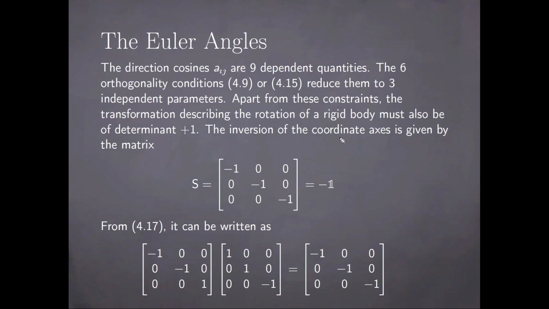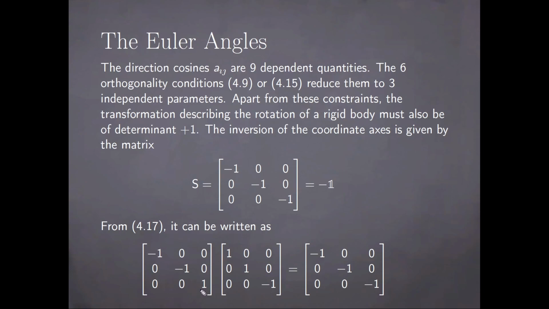The inversion of the coordinate axes is given by the matrix S, which is simply the identity matrix multiplied by -1. And using the multiplication of matrices, we can decompose this as the product here.